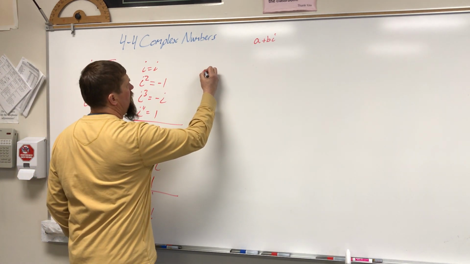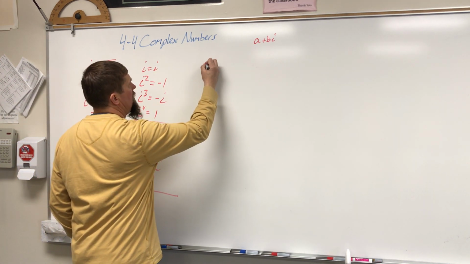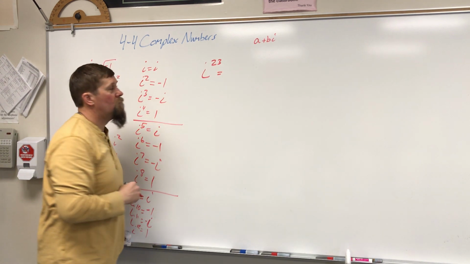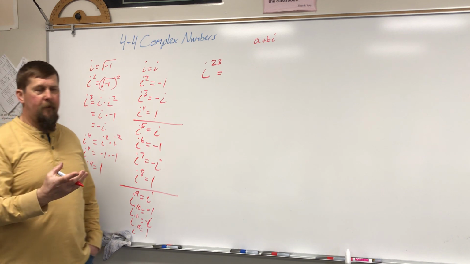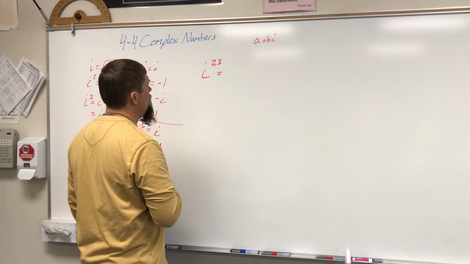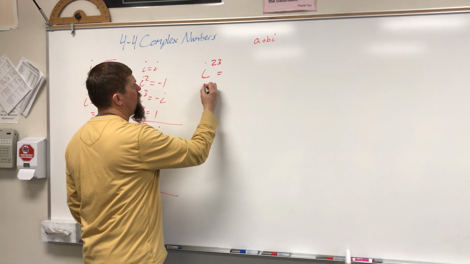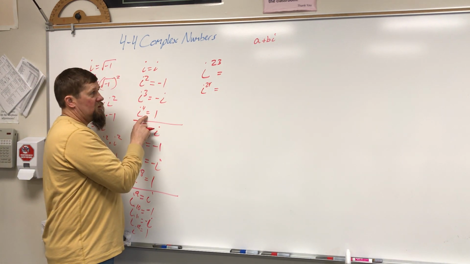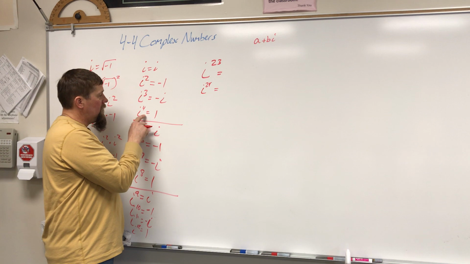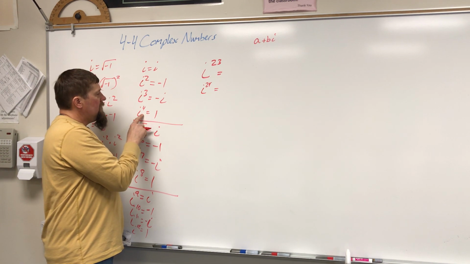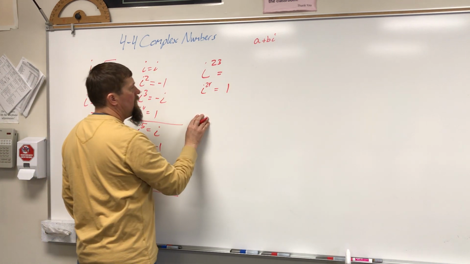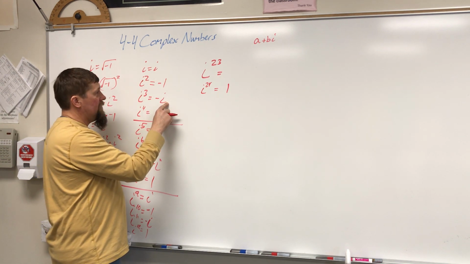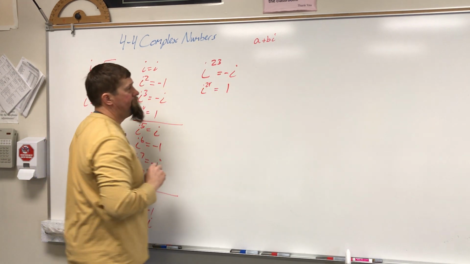So for example, what is i to the 23rd? We know i to the 24th is a multiple of 4, so it's 1. i to the 23rd would then be the same as i to the 3rd, which is -i.